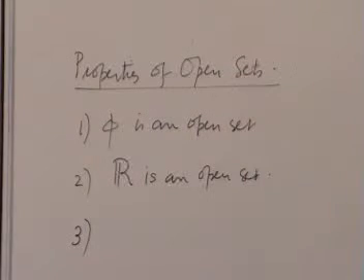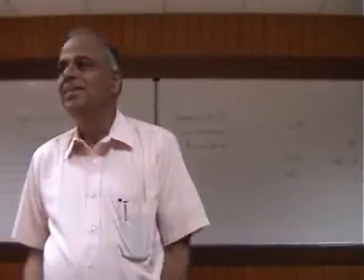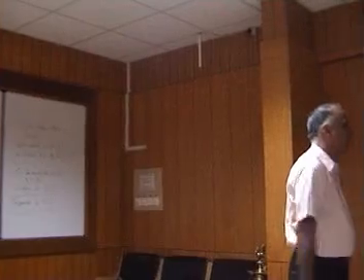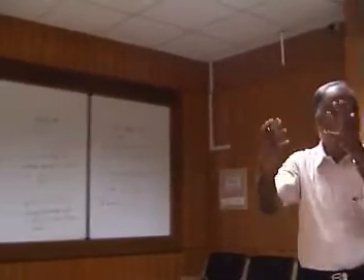Suppose now I try to build sets using these open sets as building blocks. Okay. What do I mean by build sets? The only way I can build sets is take unions or intersections and then take bigger, more different sets.